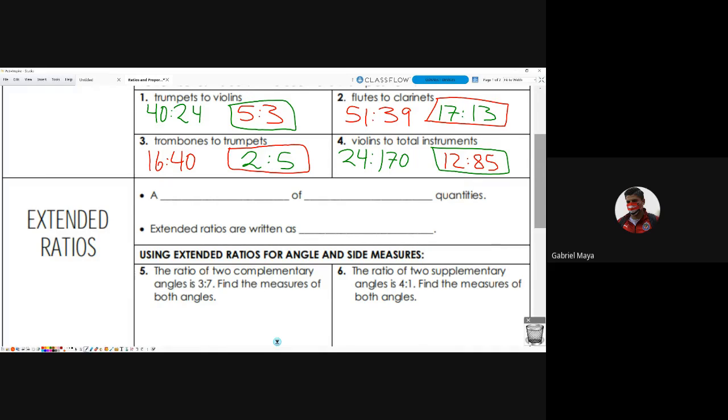of 3 or more quantities. All right. So extended ratios are written as A to B to C. All right.